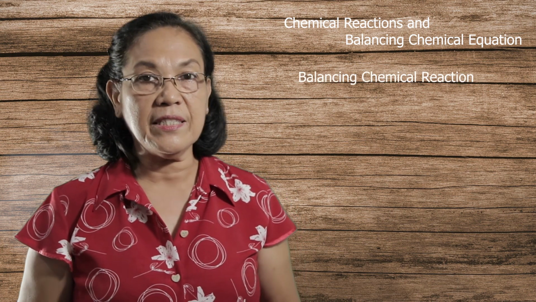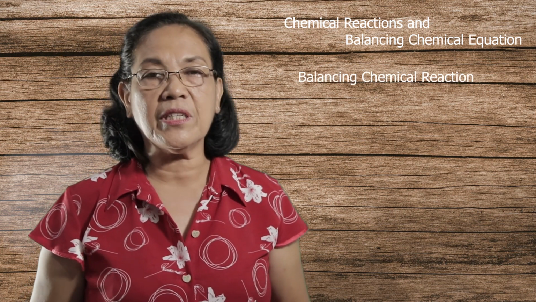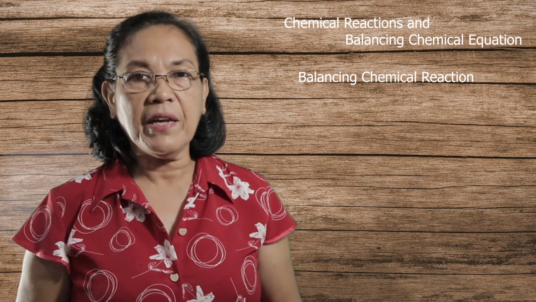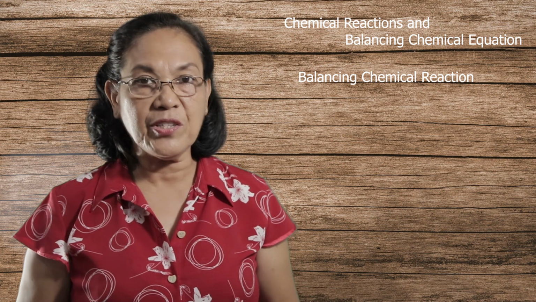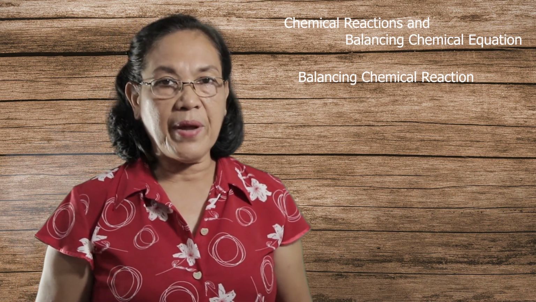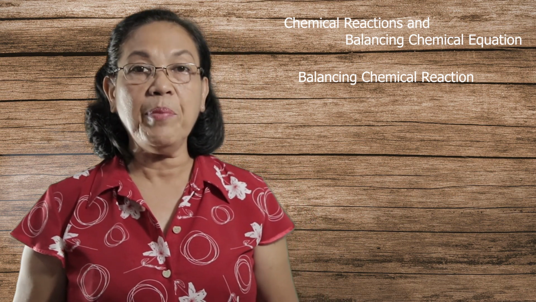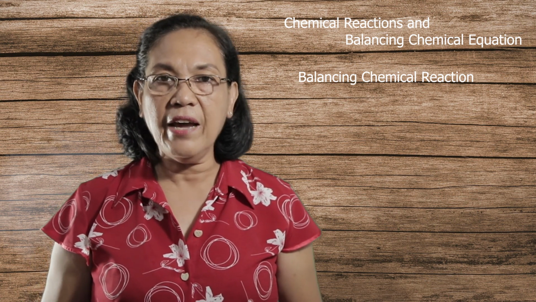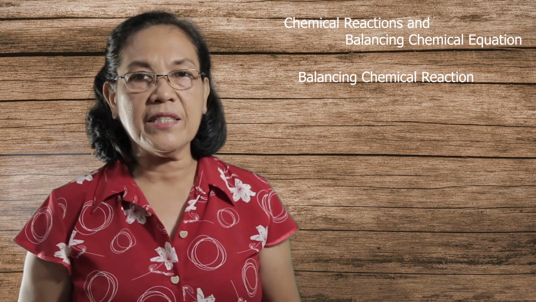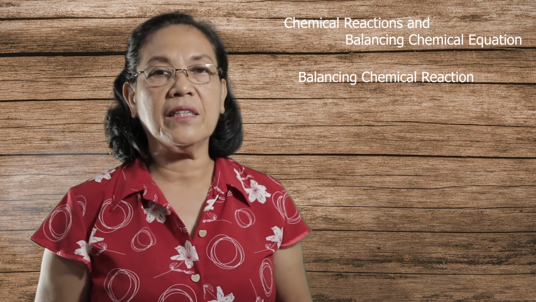Now let's go to balancing these chemical reactions. A chemical equation can represent a chemical reaction. There are the reactants and the products. The reactants are written at the left, while the products are written at the right.